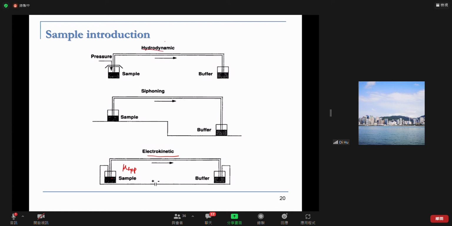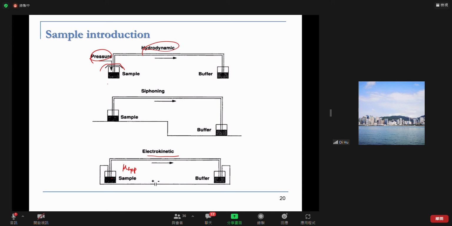So we want to use the hydrodynamic method. For the hydrodynamic method, you can see the first one: the sample vial is kept, and a precisely controlled external pressure, sorry, not voltage, pressure, is applied to the sample vial to force a controlled amount of sample into the capillary. So this is one by pressure.